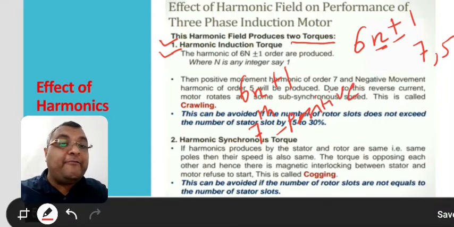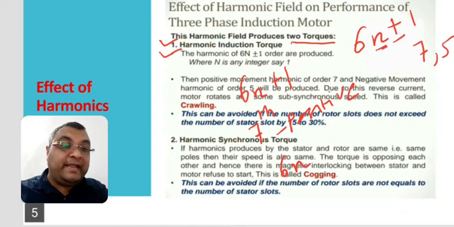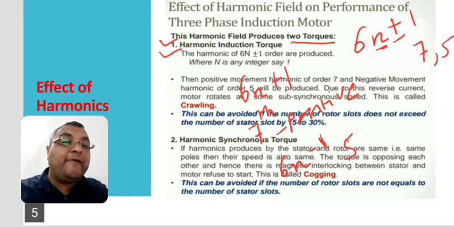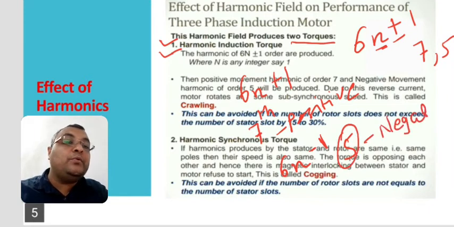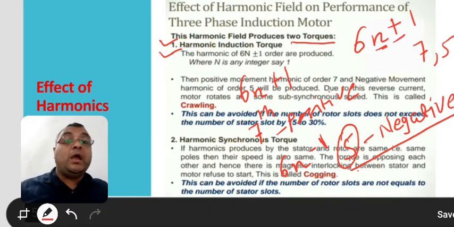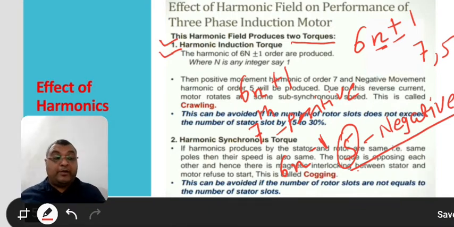And if we take this phenomenon as 6n minus 1, it becomes the 5th, which we consider a negative order harmonic. That's how the reverse current or reverse speed occurs, due to this phenomenon of harmonics rotating in the induction motor, because it is in the opposite direction.